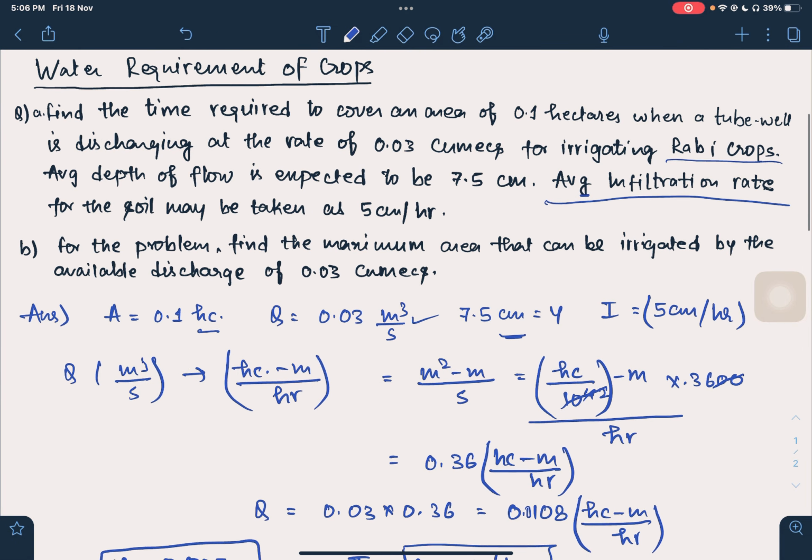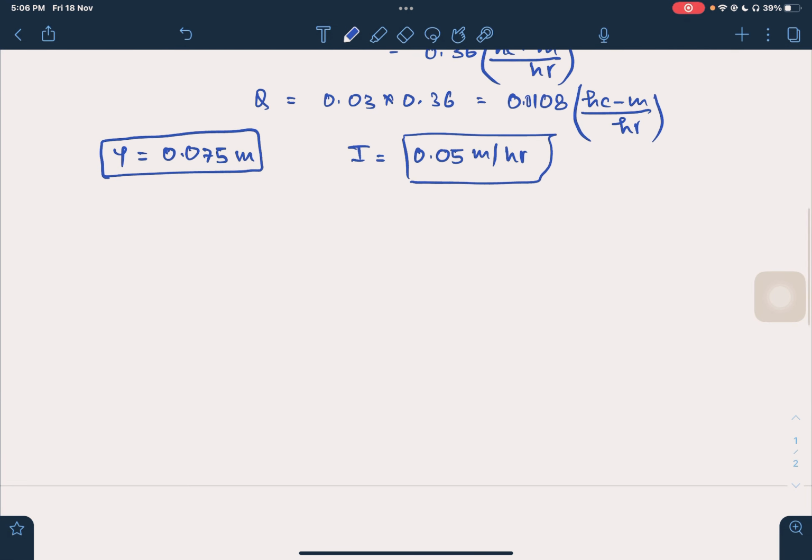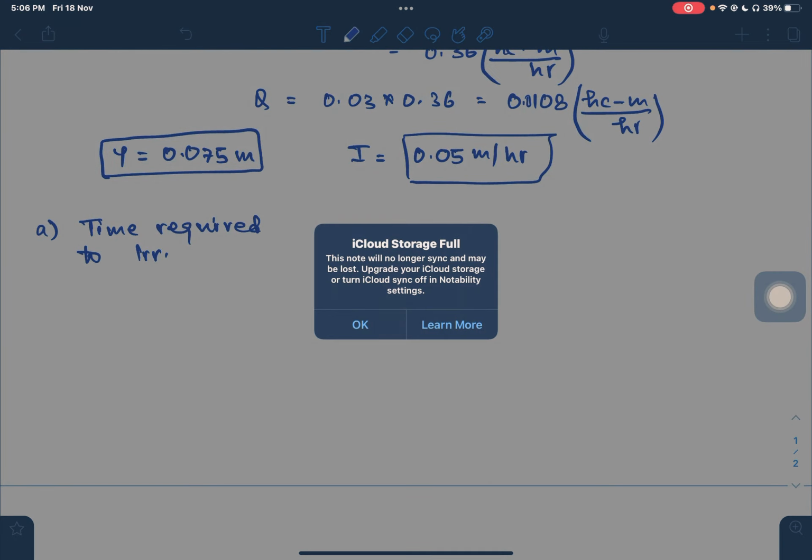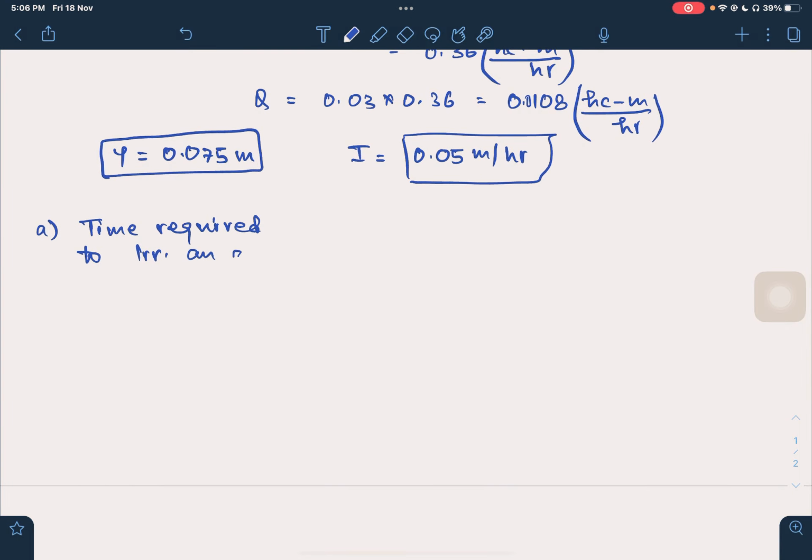So the question says find the time required. Now if we come to the time required to irrigate an area, we have a formula for it, T. This is given as 2.303 into Y upon I, log base 10 of Q upon Q minus intensity into area.